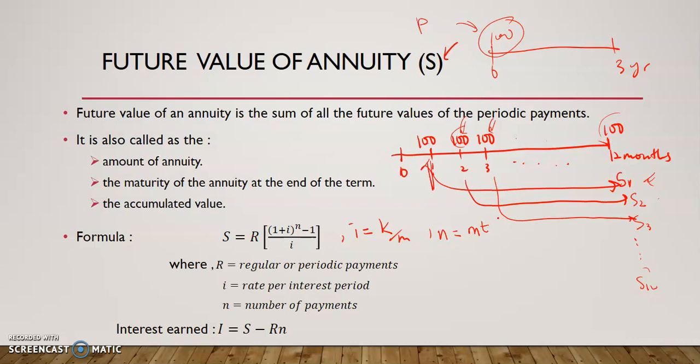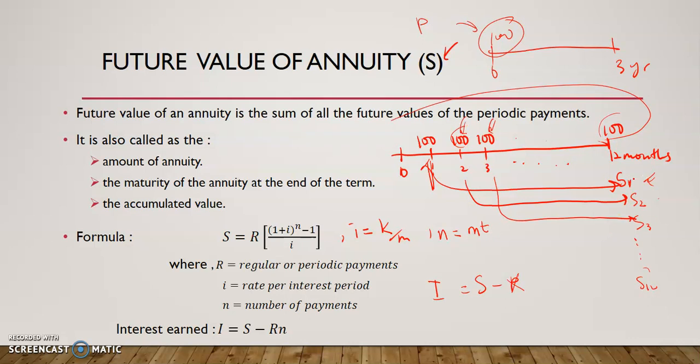Next is the formula to calculate interest earned. In compound interest, to calculate interest, you use the formula S minus P. S is the future value, P is the principal, your initial investment. But now because we don't have P, we must modify this formula. In this annuity, your initial investment is 100 ringgit, but you invested this 100 ringgit for 12 months.